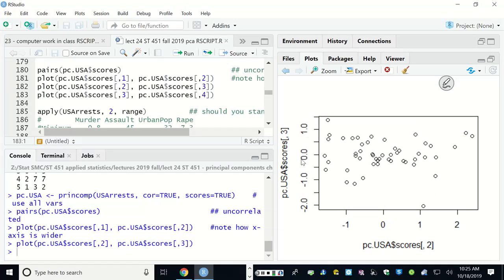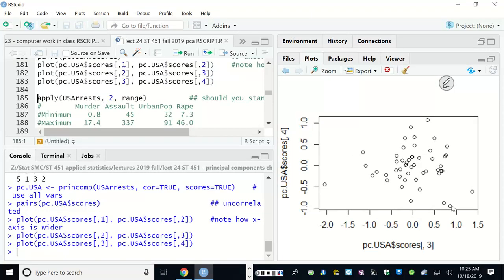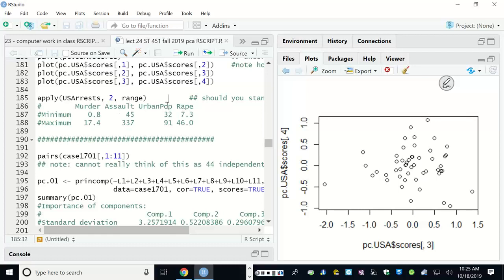If you do the second versus the third, again, it's getting smaller, and the third versus fourth, it's getting smaller again. This might be also another case where, depending on whether you do it on the correlation scale, standardized things, or you do it on the original scale, there is some difference in the units of measurement, so that will have some impact on how variability gets measured.